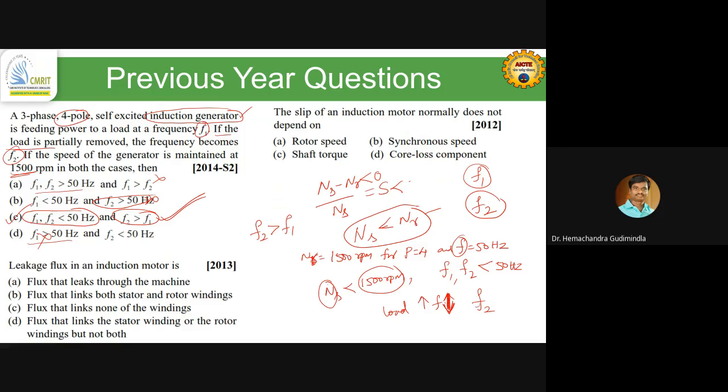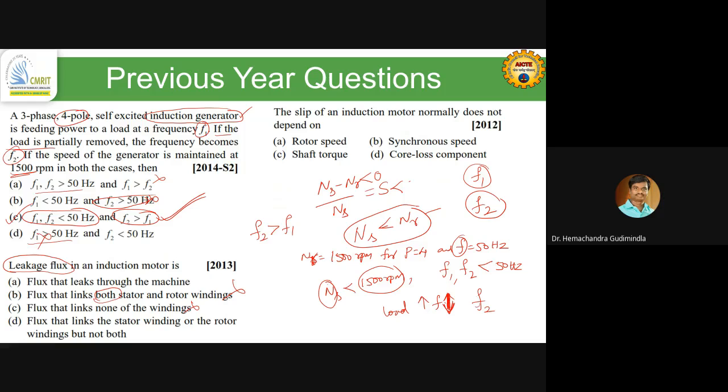Next, leakage flux in an induction motor. Whenever you are talking about the leakage flux, it may be due to the stator winding or the rotor winding, but not both windings. Here, flux that links both stator and rotor is given, so this is absolutely wrong. Flux that links none of the windings, anyway this is wrong.